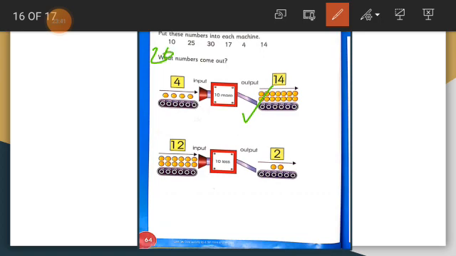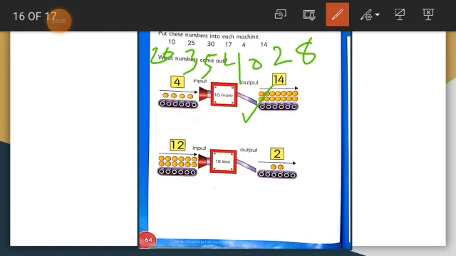When we add 10 to 25, what will come? 35. When we put the 30 in the machine and add 10 to 30, what is the answer? 40. Okay, when we put the 17 in the machine and add 10 more to it, what is the answer? 17 plus 10 is 27.